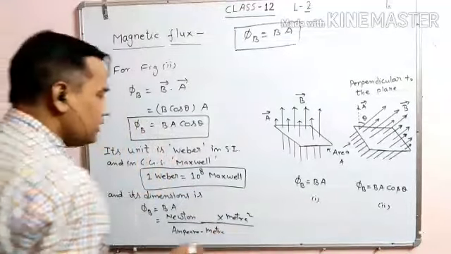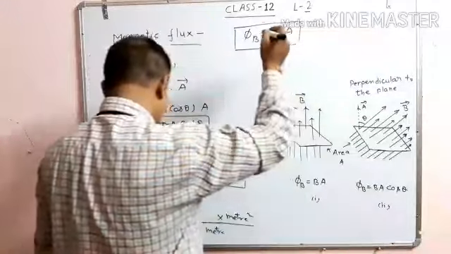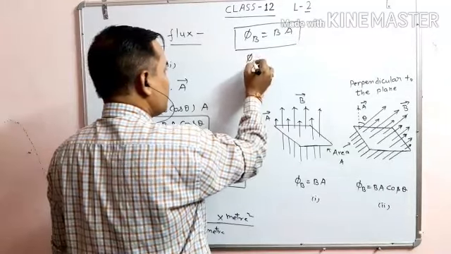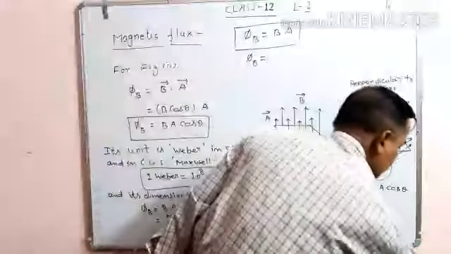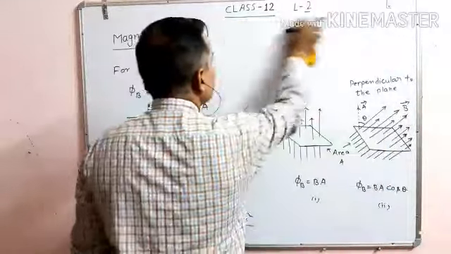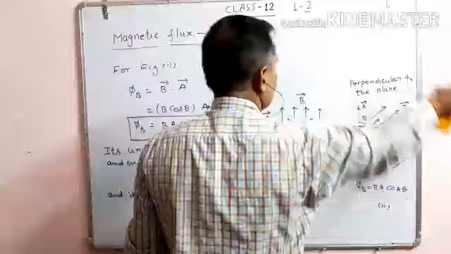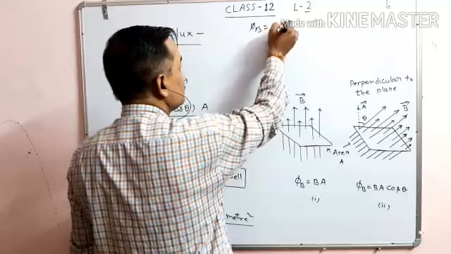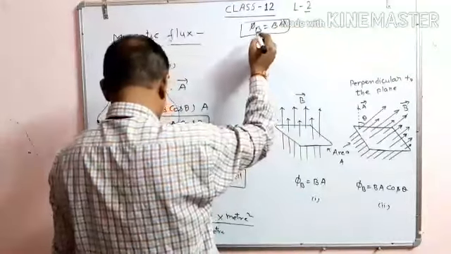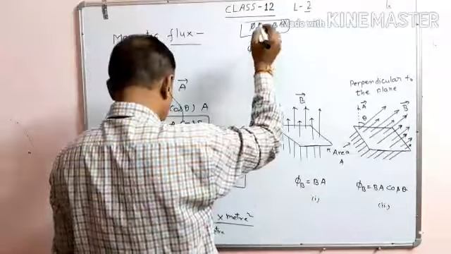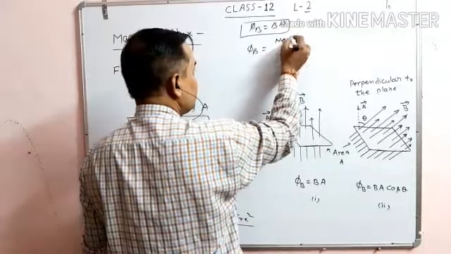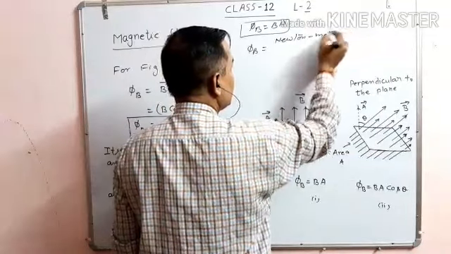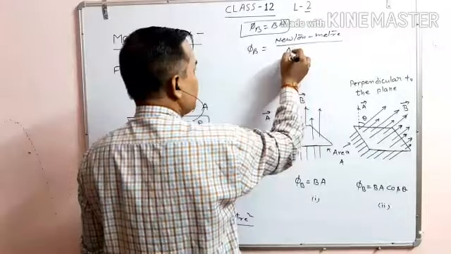So one meter cancels. So the unit of phi b becomes Newton meter upon ampere.